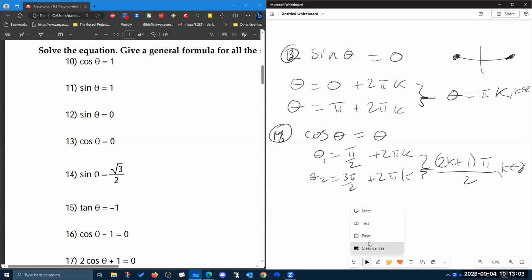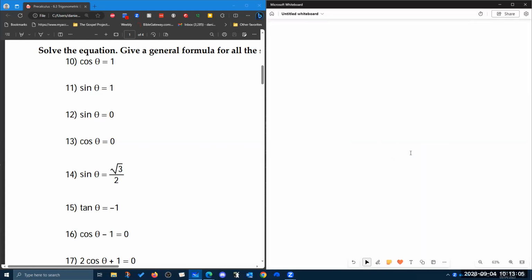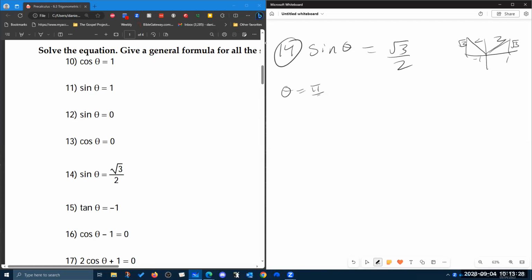Let's move on to number 14. Sine of theta is equal to root 3 over 2. So the two places where sine is positive are quadrants 1 and 2. I've got a sine value of root 3 over 2. So that's going to give me a set of answers that start with pi over 3, and I've got a set of answers that start with 2 pi over 3.